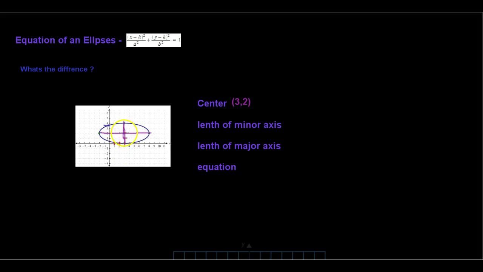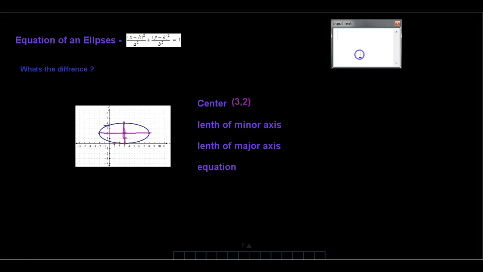So it's going to be the shorter one of those two, this one right here, the shorter one going vertical. We can tell that it's 1, 2, and then another 2, so the whole length of the minor axis is 4 units long. Pretty easy to find there.